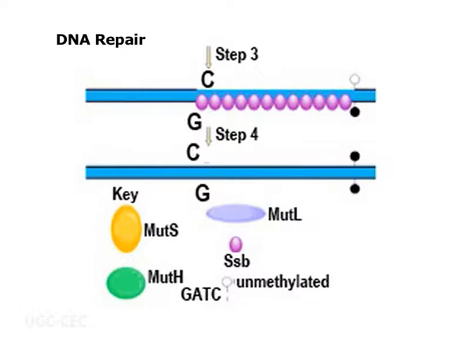The first protein is the MutS protein, which recognizes this mismatched base pair and binds to it. MutH binds to the two sides of the MutS protein and is able to locate the nearest GATC site, or the modified adenine present in the GATC site adjacent to it.